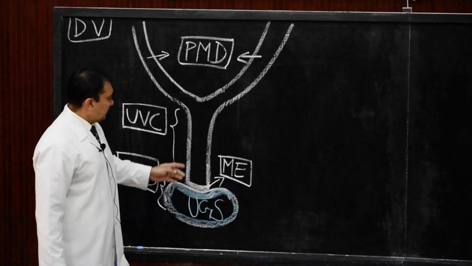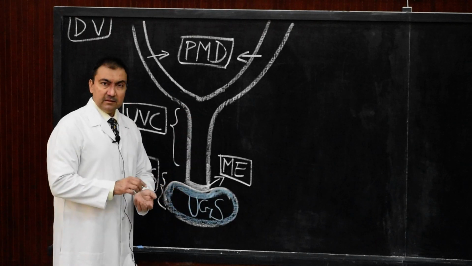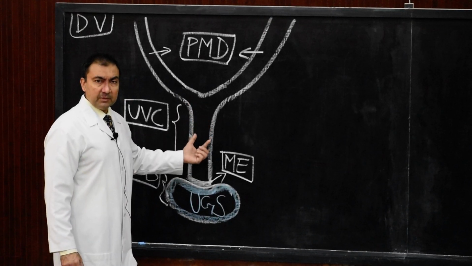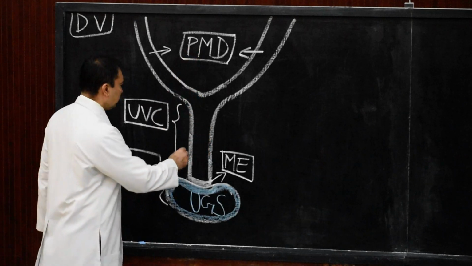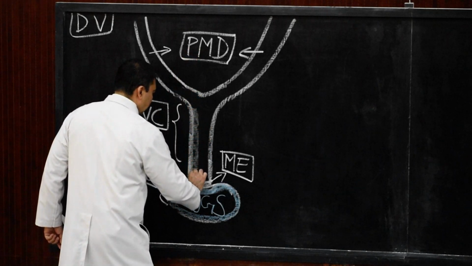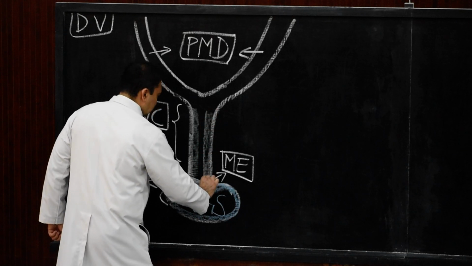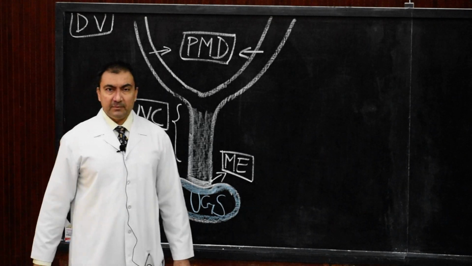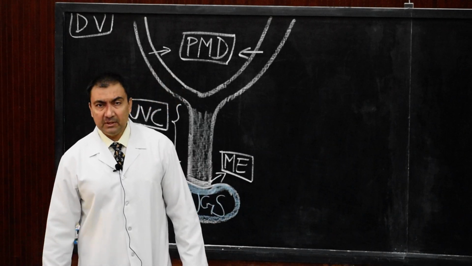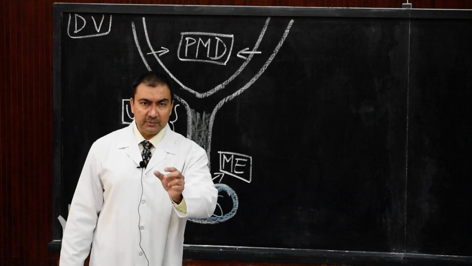Now the entire uterovaginal canal, we know that it is the lower part of the paramesonephric duct. So it will be lined by mesodermal cells. As the paramesonephric ducts are mesodermal, the uterovaginal canal is also mesodermal.